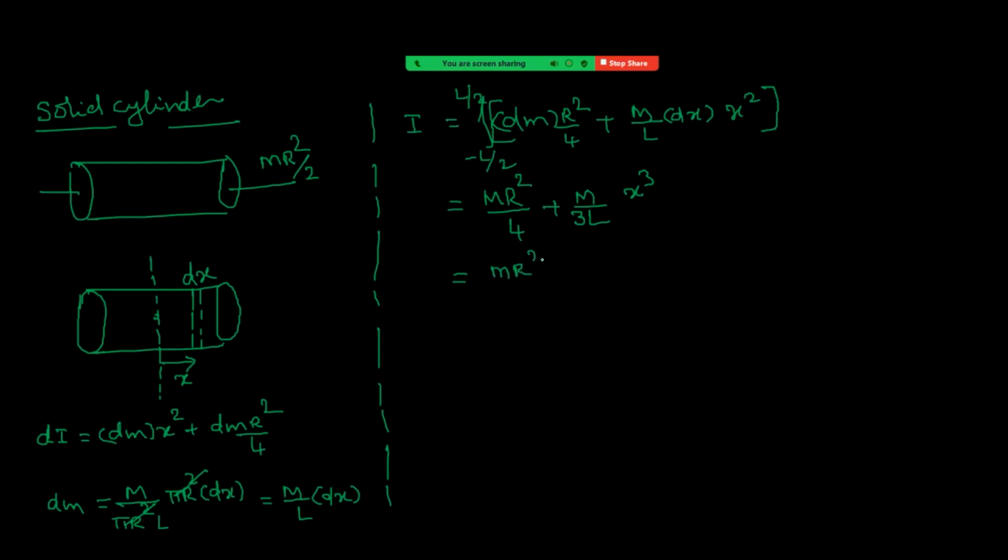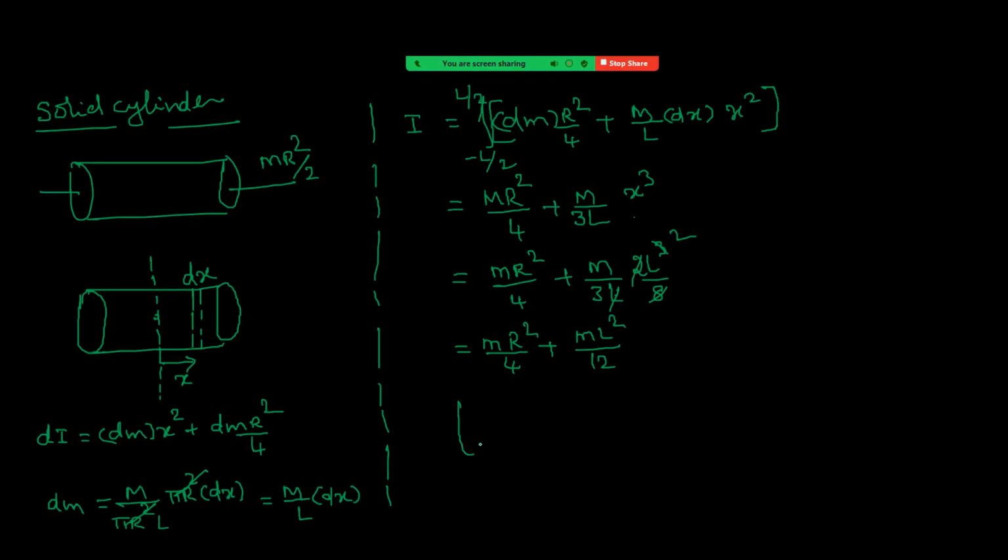So mr square by 4 plus, this becomes how much? Again, it is m by 3L, it is L cube by 8. Again the same, so 2 times, because L cube by 8 plus L cube by 8. And 1 L gets cancelled here. This is 4 times. It is mr square by 4 plus ml square by 12. Right? It's almost the same calculation.